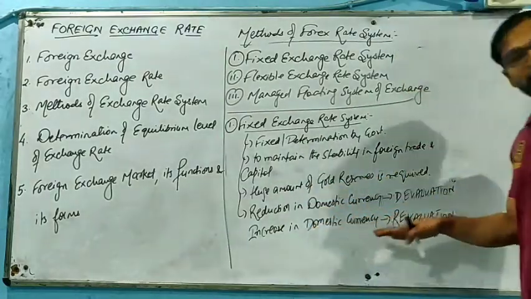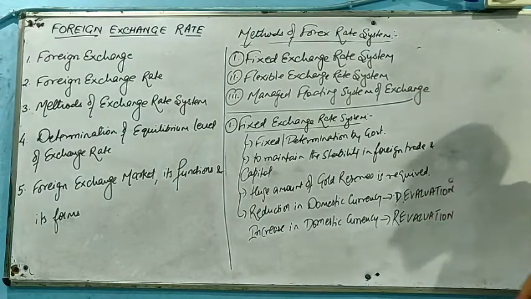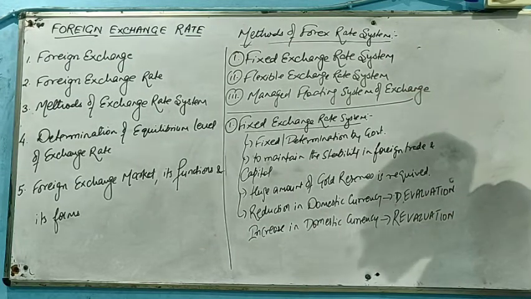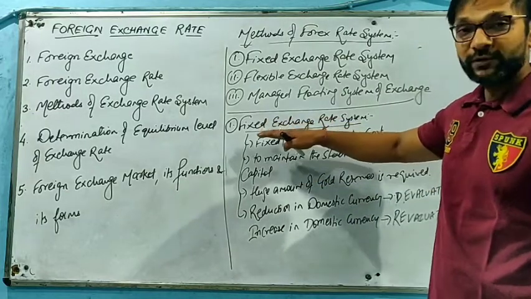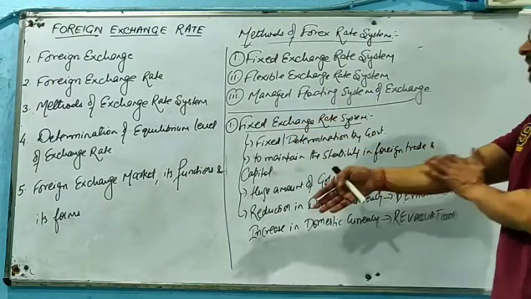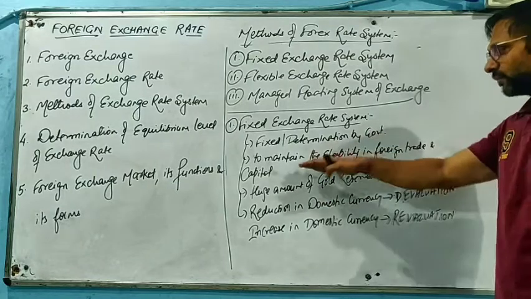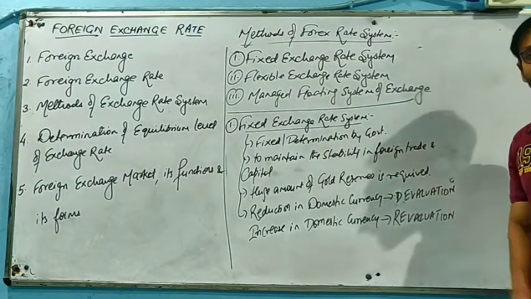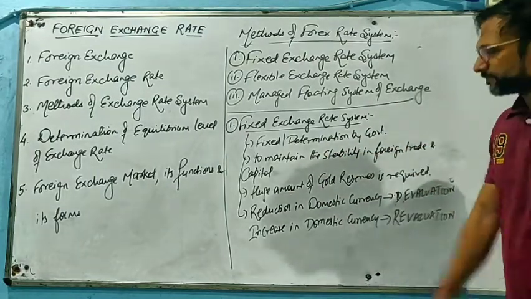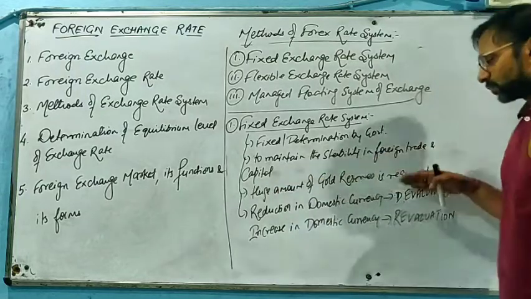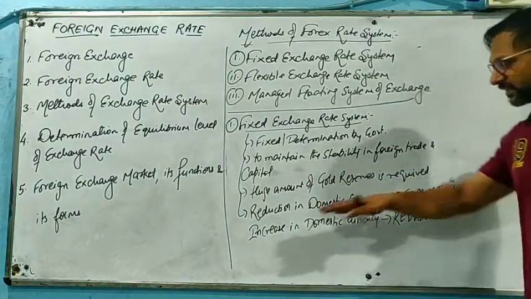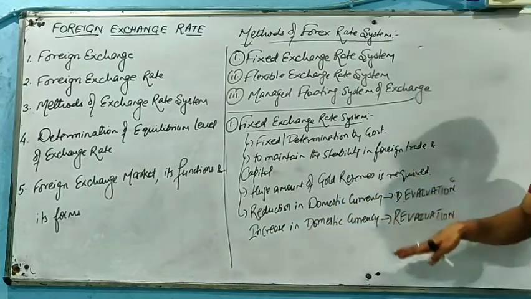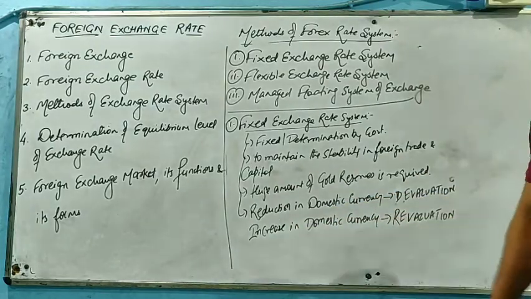Increase in domestic currency by the government will be termed as revaluation. Fine. It means, according to the fixed exchange system, this is determined by the government in order to maintain stability or to avoid market fluctuations in international trade. Huge amounts of gold reserves are required.